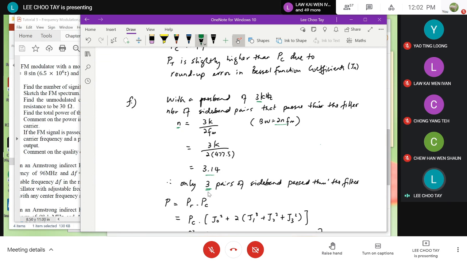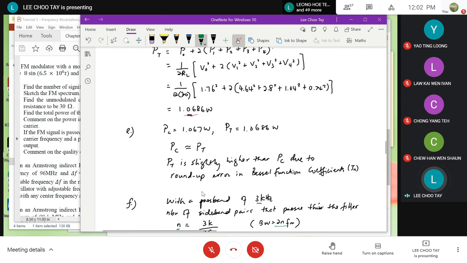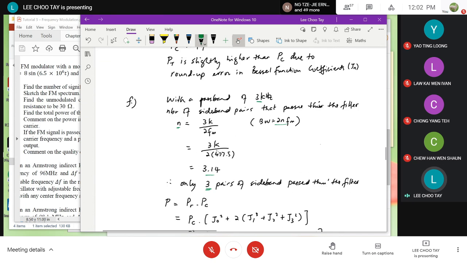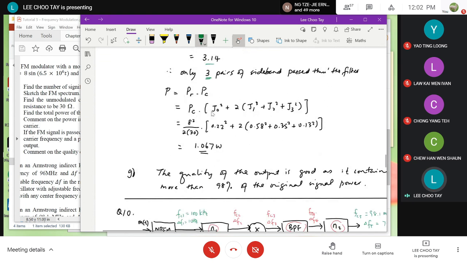To calculate the power of the signal that comes out from the filter, there are 2 ways. One way is to add up all this power up to the third sideband using this equation again, but omit the fourth sideband. That will give you your answer. Another way is to make use of your power ratio, which is always much easier.